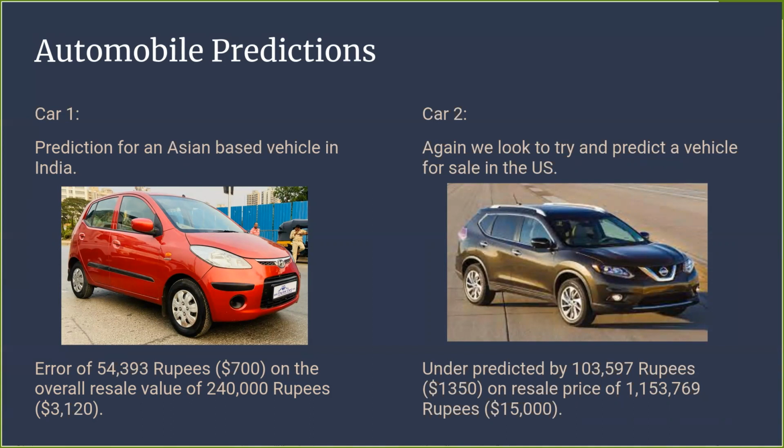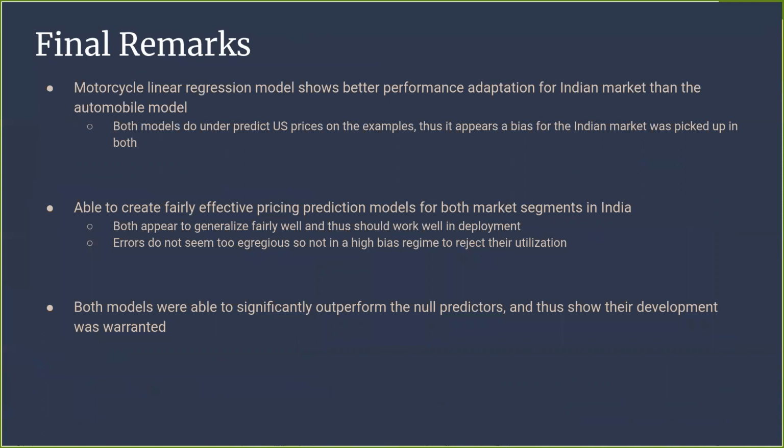And for the USA vehicle we predicted, we got an error of $1,300 on a vehicle price of $15,000. So in this case, we're also off, but it doesn't seem like there's as distinct of an improvement for these 2 samples for India specifically. So some final remarks. We saw, at least in the samples we tested, a little better adaptation for the motorcycle model in the Indian market.